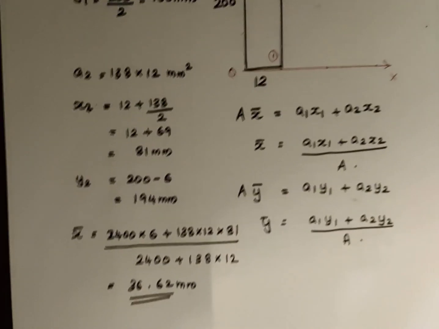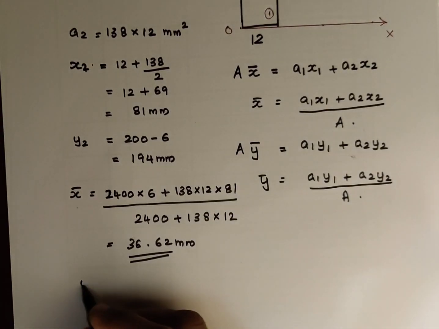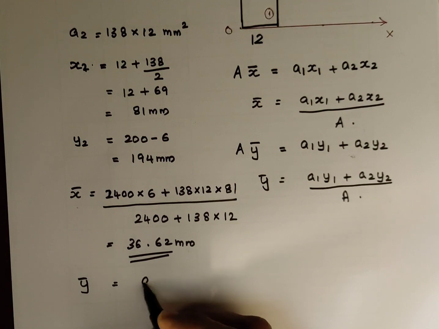So now y coordinate is equal to a1 y1 plus a2 y2.